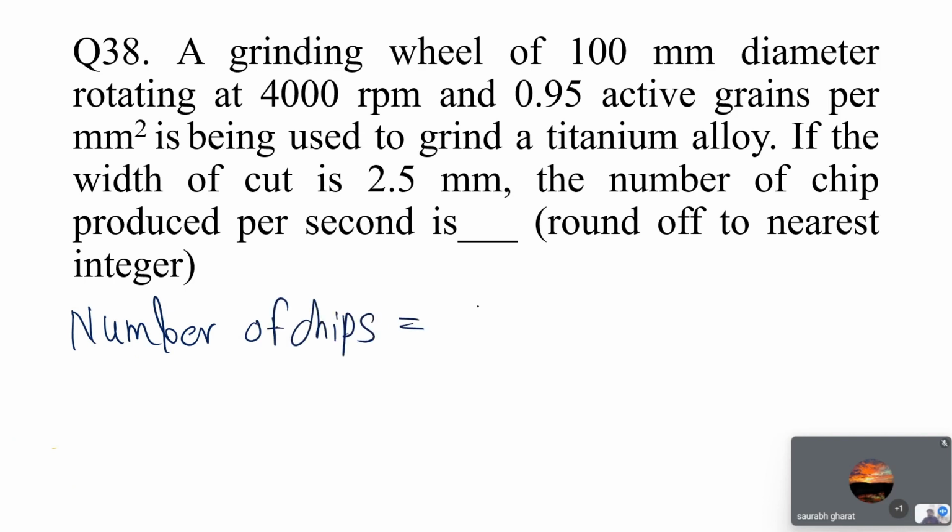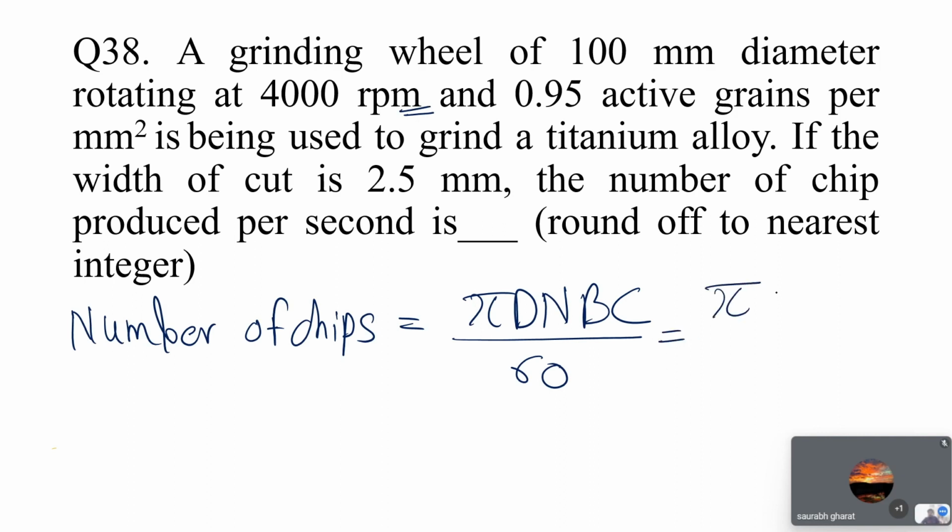So it is equal to pi D N b c divided by 60, because we have rpm. So pi, D is 100, N is 4000, B is 2.5, into 0.95, divided by 60.